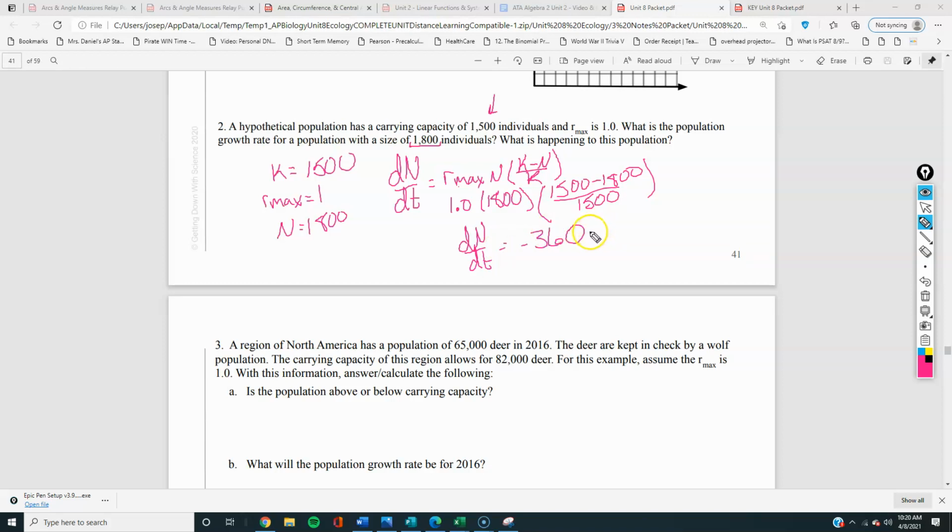So that means my population is declining. Since that's negative, my population is dropping. Alright, good talk. Let's keep on trucking.